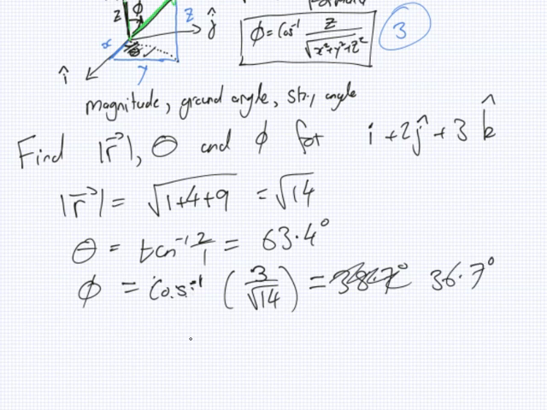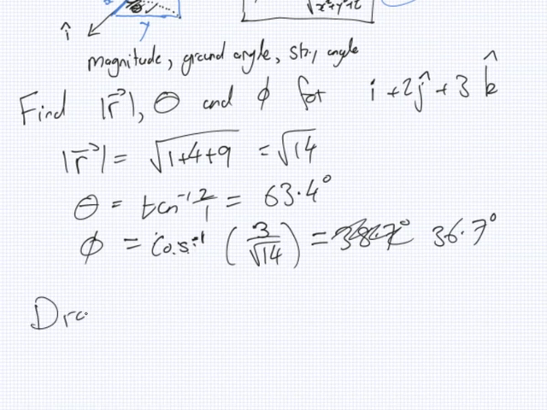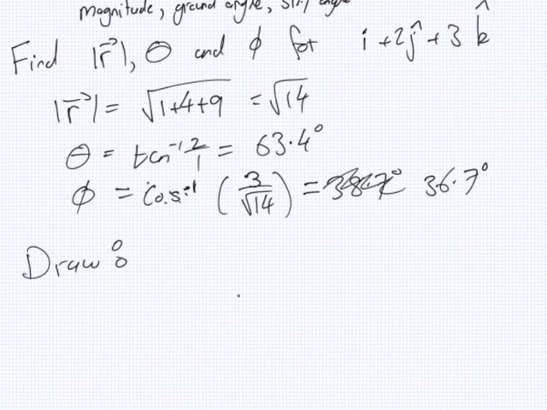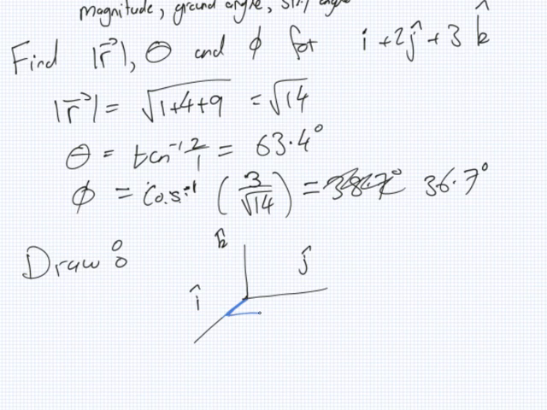Wow, so different. Okay, draw. So, i, j, k. The first one is 1, 2, and then 3. So here is the vector r, and I also know that its length is root 14 units.